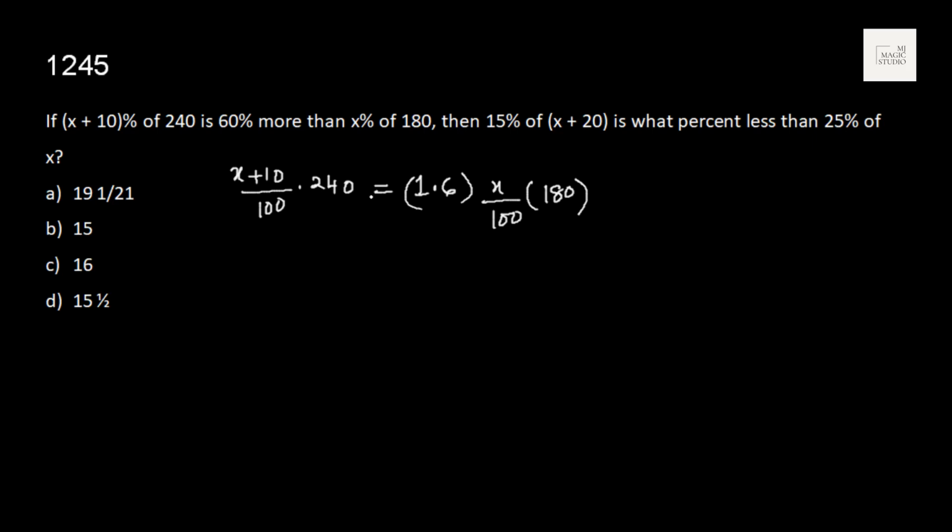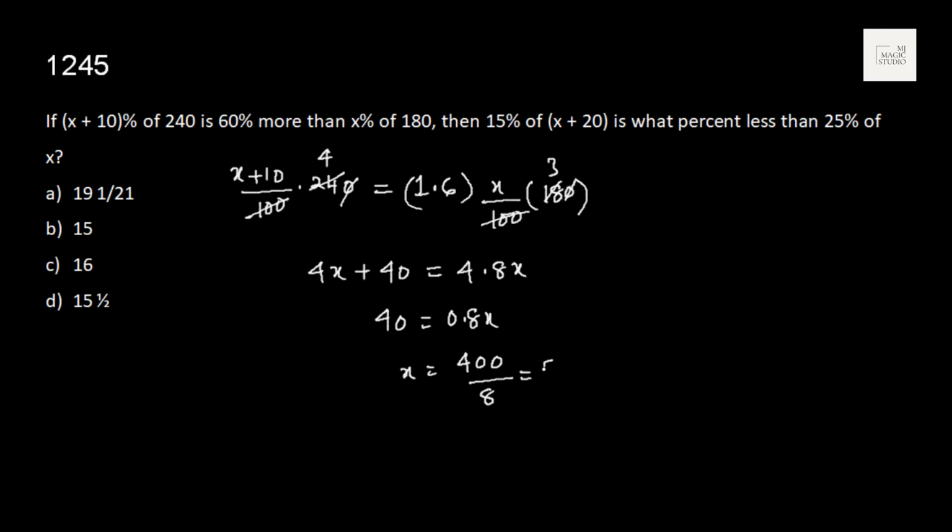If we solve this, we can find the value of x. The 100 goes. This is 6 by 4 times 4x plus 40 equals 4.8x. So 40 equals 0.8x. x is 400 by 8, that is 50. The value of x is 50.